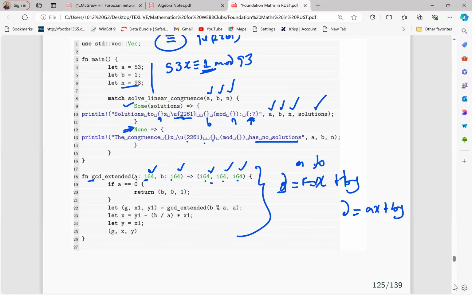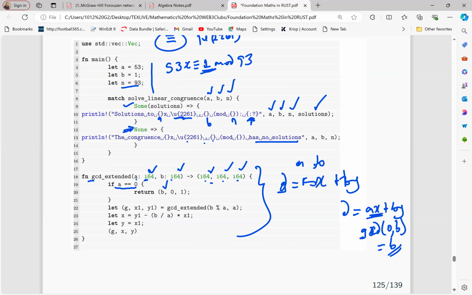Now, of course, we explained this when we were doing the extended Euclidean algorithm. What is this part? If A is 0, that is, supposing that I have A and B, but A is 0, so the GCD of 0 and B will be B. What is the value of X?